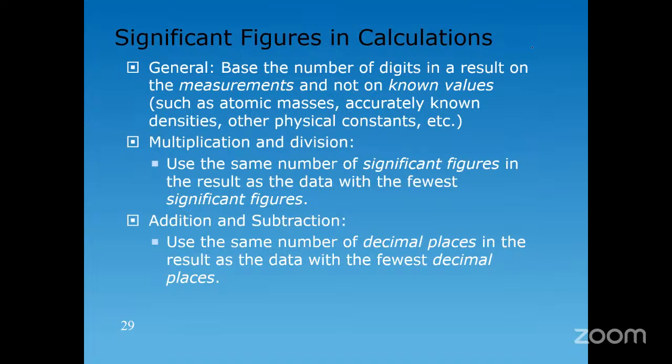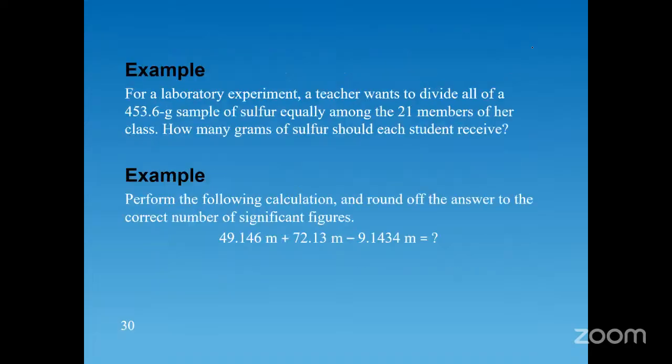When it comes to addition and subtraction, the rules are a bit different. In that particular case, your final answer must be rounded off according to the lowest number of decimal places of the number or the numbers that are involved in the calculations. And we're going to see some examples of that shortly.